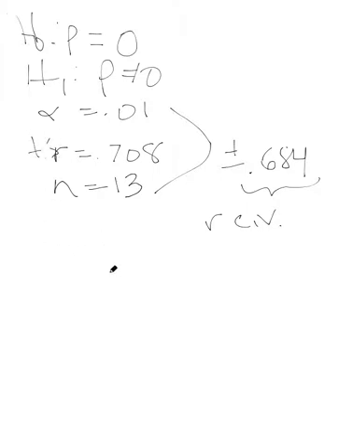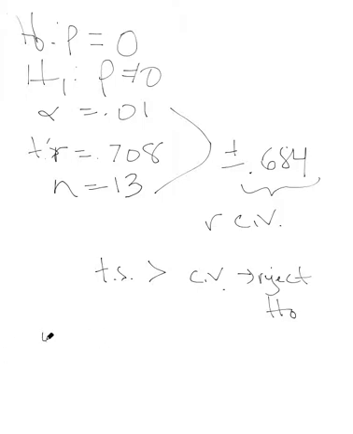My test statistic r of 0.708 is greater than the critical value, and when that happens, I reject the null. I reject that there is not a correlation, which implies there is a correlation.